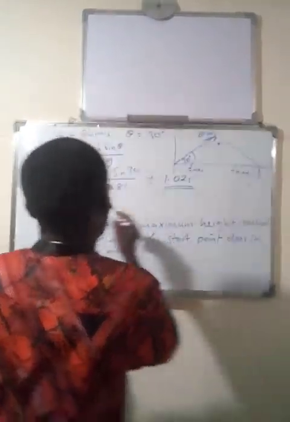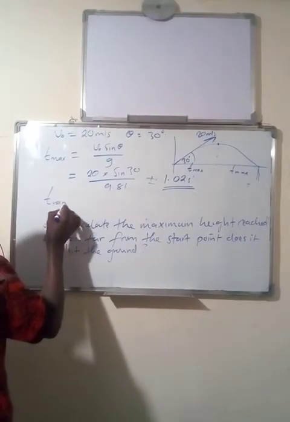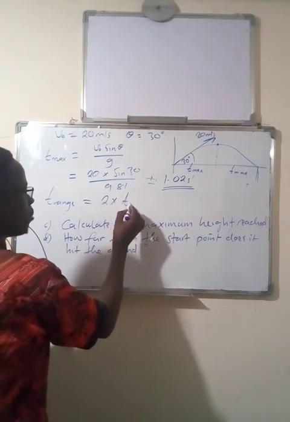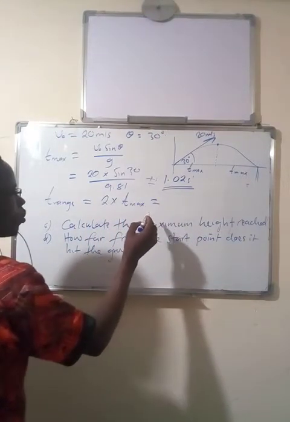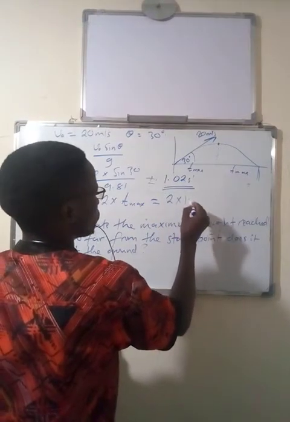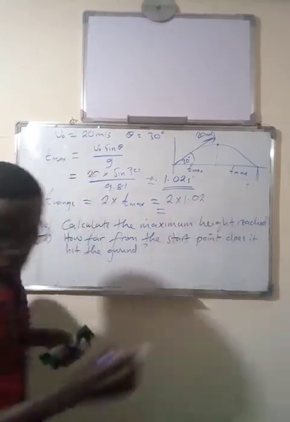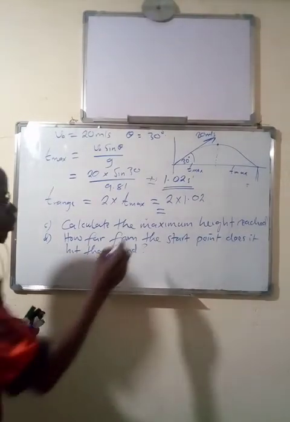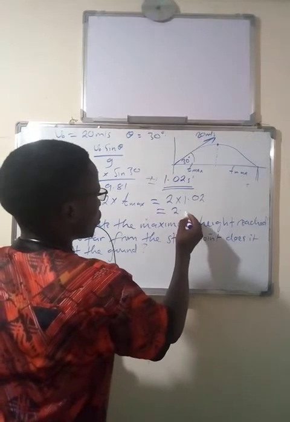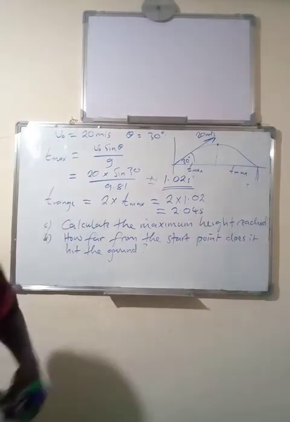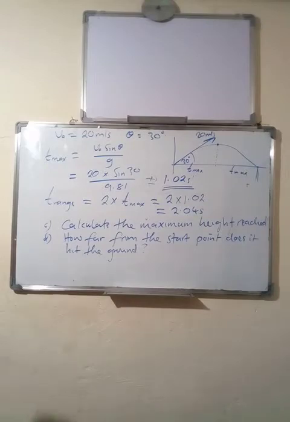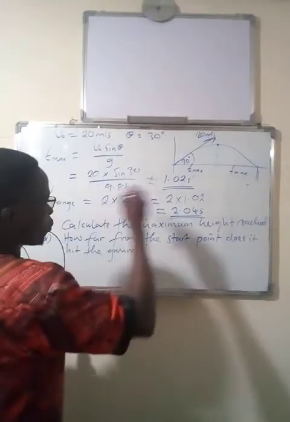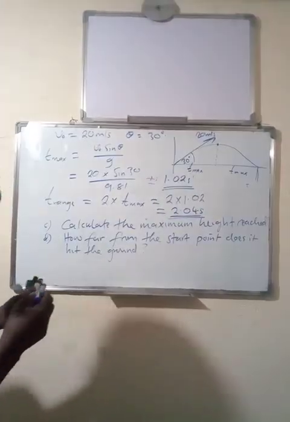So T range is equal to 2 multiplied by T max, which is 2 multiplied by 1.02, that is 2.04 seconds. So that is the time it takes for it to cover the entire journey.